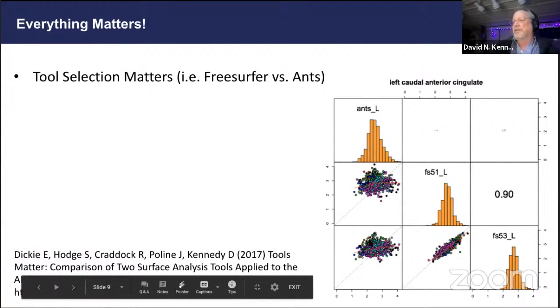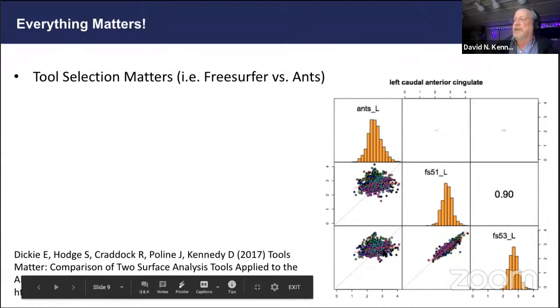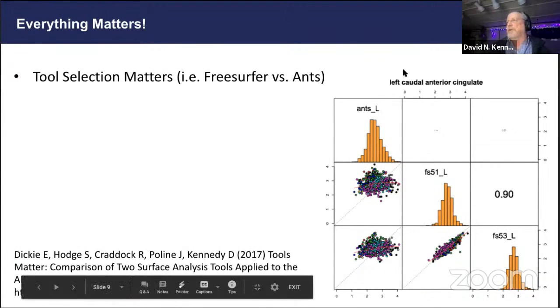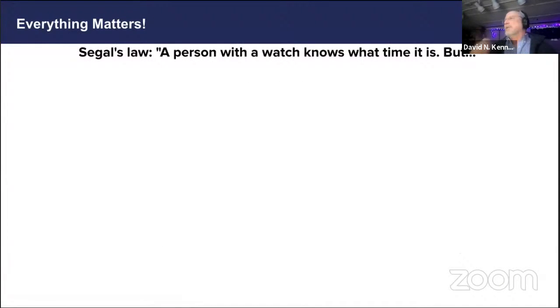We're fortunate here that this is 800 and some subjects, so we can see this correlation. But again, one measurement is not really a great proxy for the other, and so a concept such as the volume of the left caudal anterior cingulate is really rather different if you're looking at it from the point of view of FreeSurfer versus ANTS. So the types of findings you might see could be different.